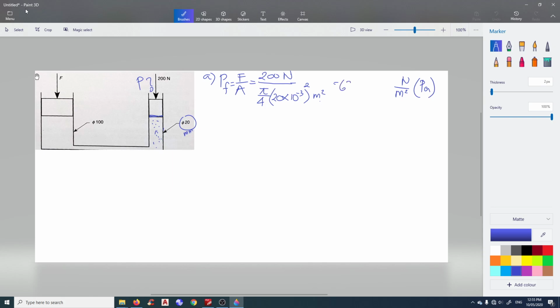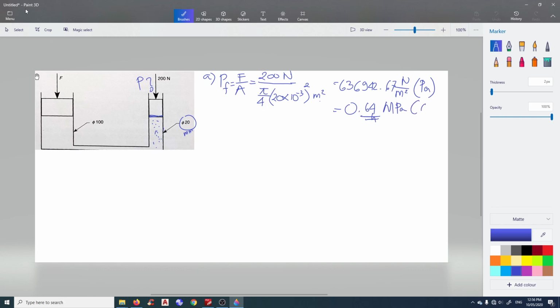It is 636,942.667 Pascal. If we take 6 digits out, 1, 2, 3, 4, 5, 6, it becomes 0.64 megapascal.